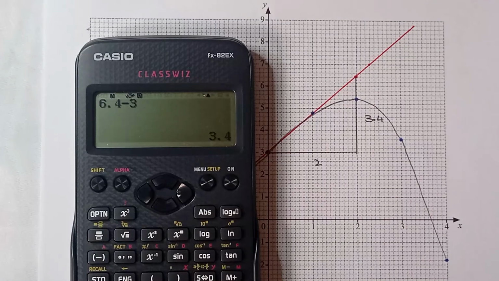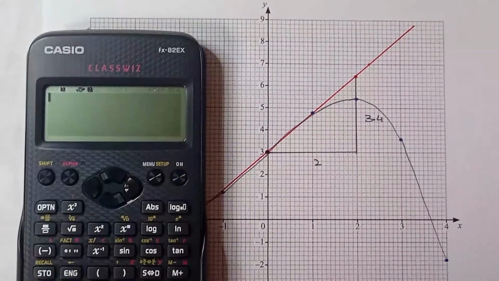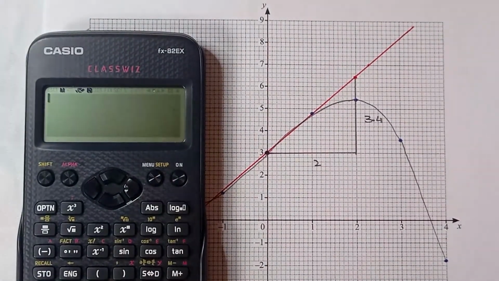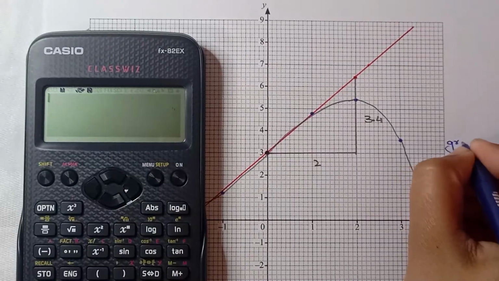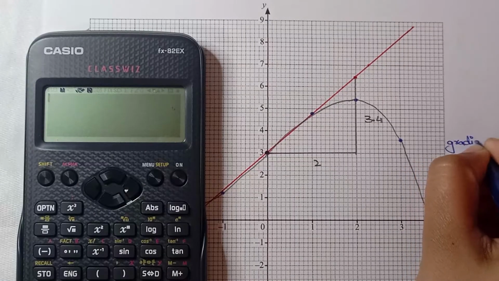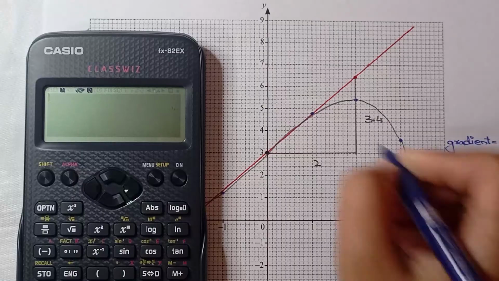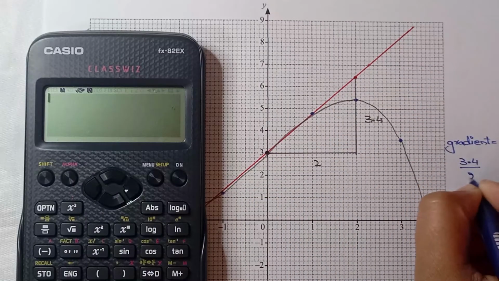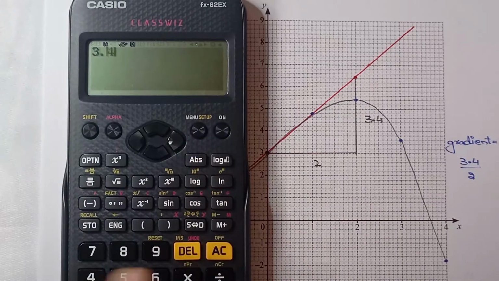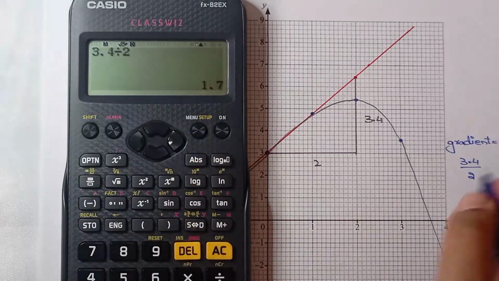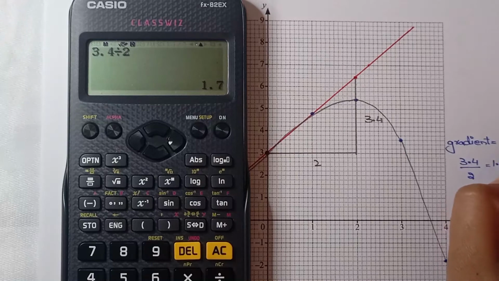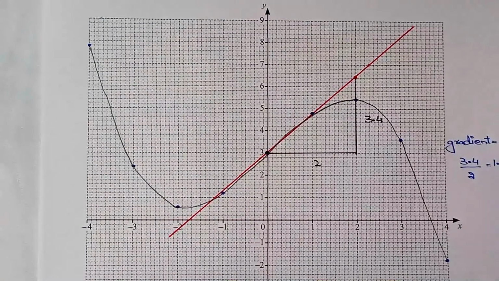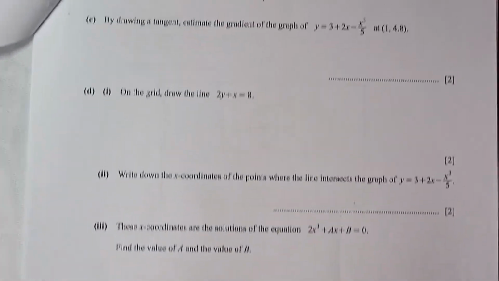Okay, now for the gradient. So gradient is basically change in y over change in x. So this would be 3.4 divided by 2. So this would be 1.7. So the gradient is 1.7. This is part C.